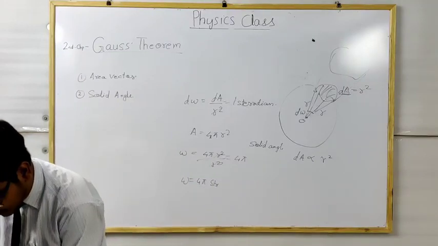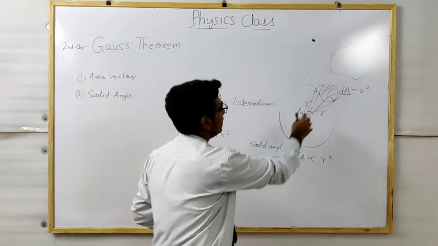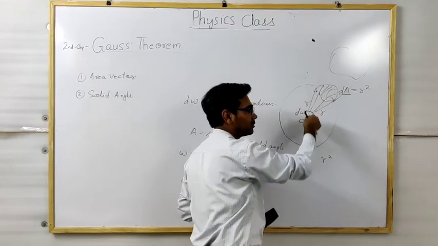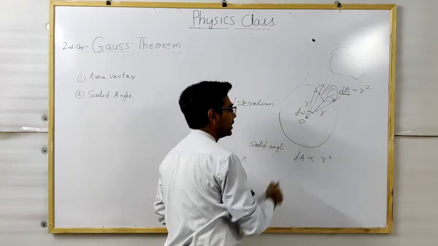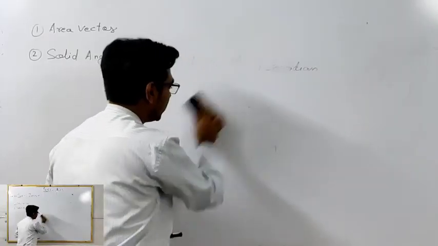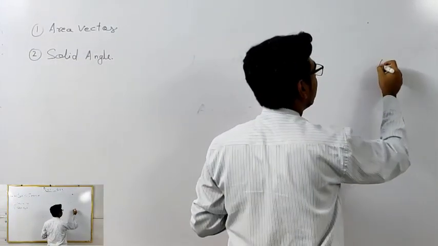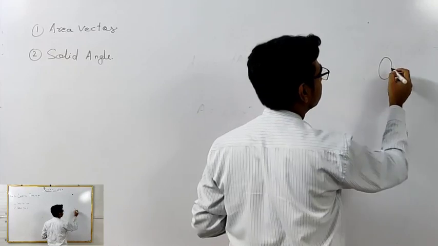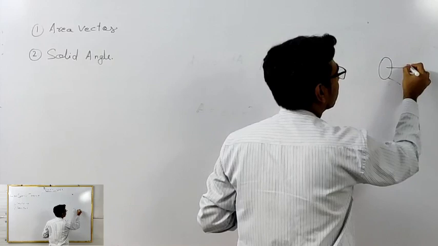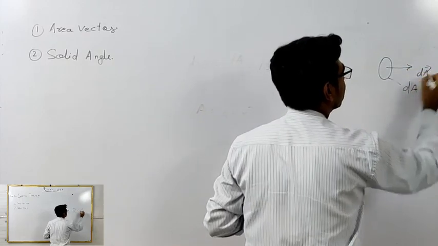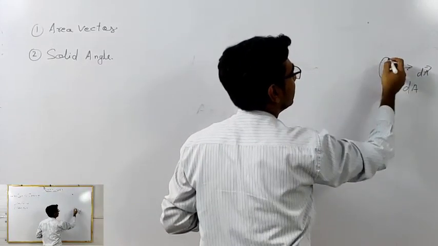To our concept of dA cos theta. Let me explain one more part. This dA which we have taken was already part of the sphere. Now consider a case where there is an area of magnitude dA, this will be your dA vector, an area with its area vector dA in this space.